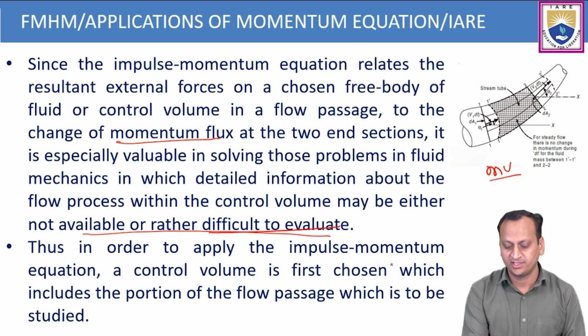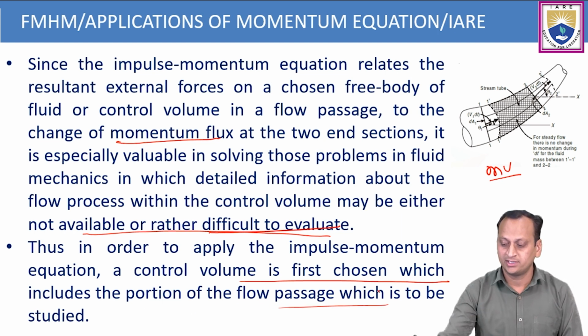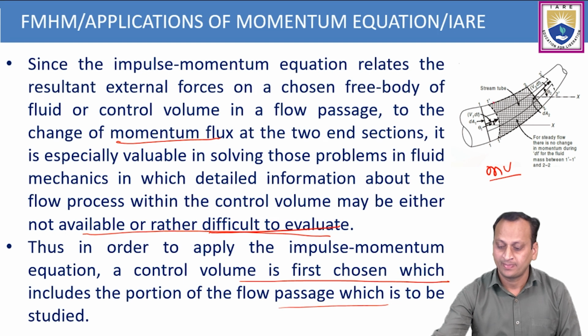Thus, in order to apply the impulse momentum equation, a control volume is first chosen, which includes the portion of the flow passage which is to be studied. In this diagram, we can see the control volume between sections 1-1 and 2-2.